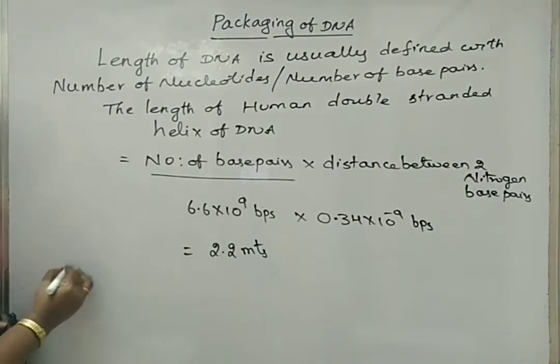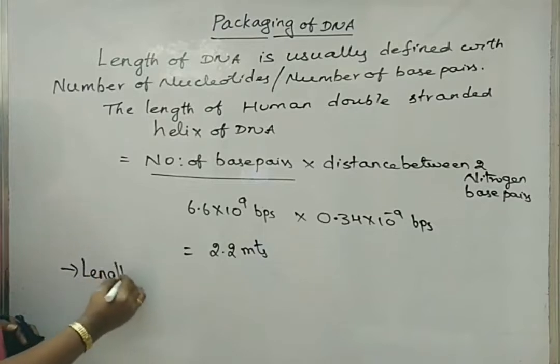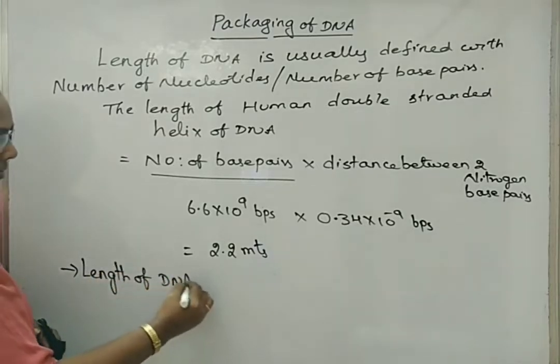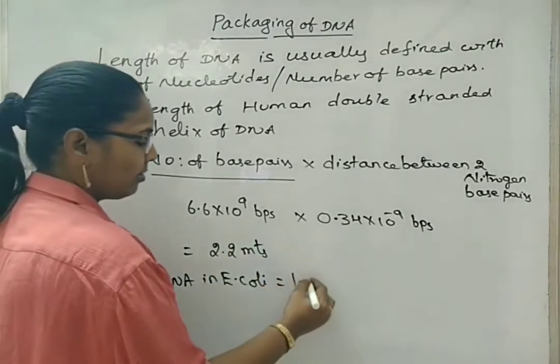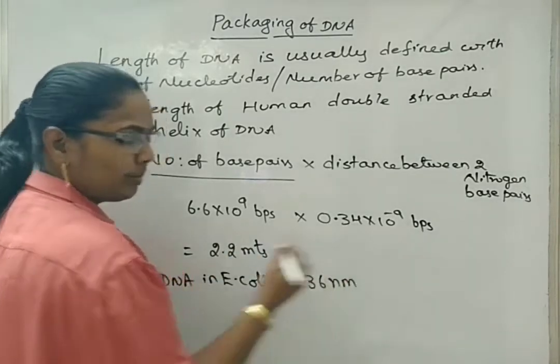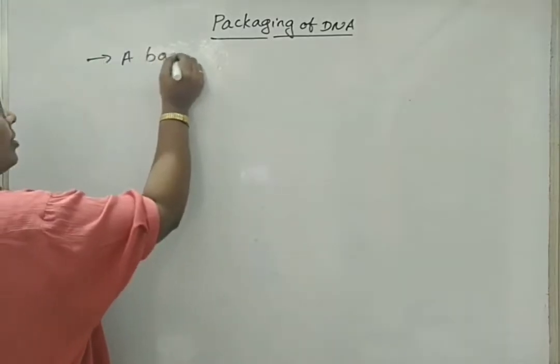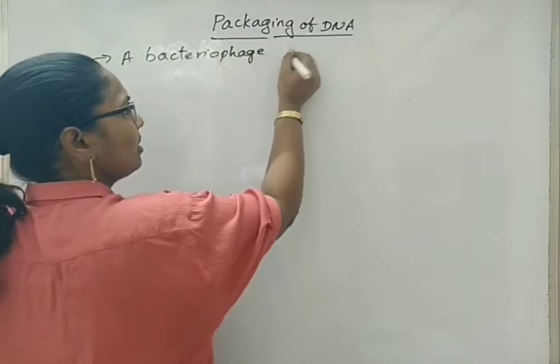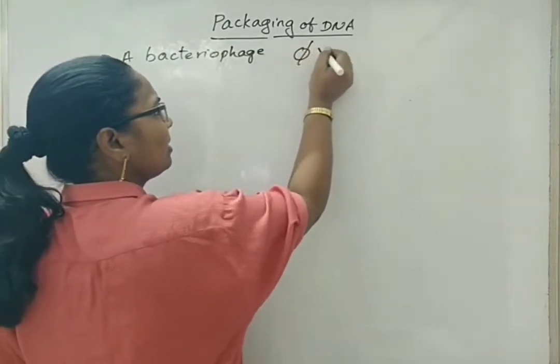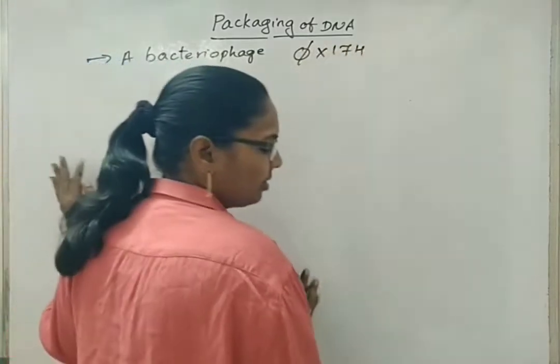In the same way, we can also write the length of DNA in E. coli, which is calculated as 1.36 nanometers. A bacteriophage, here we can take the example phi X 174.